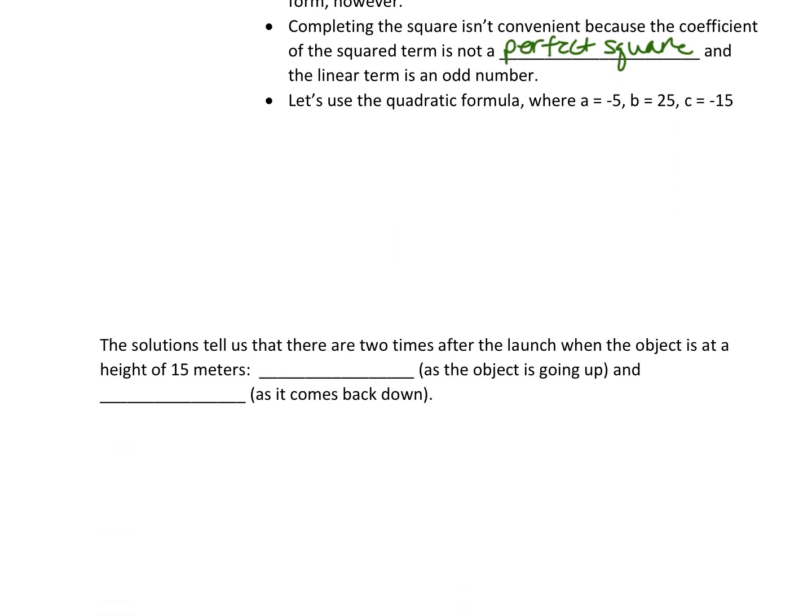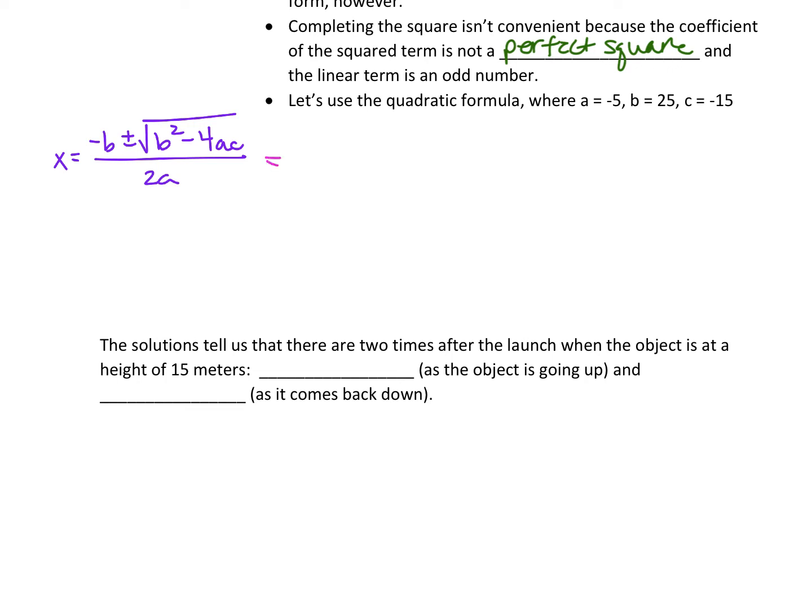So quadratic formula, let's write it off to the side. As a reminder, it is x equals negative b plus or minus the square root of b squared minus 4ac all over 2 times a. So all we have to do is fill in our a, b, and c values and simplify.